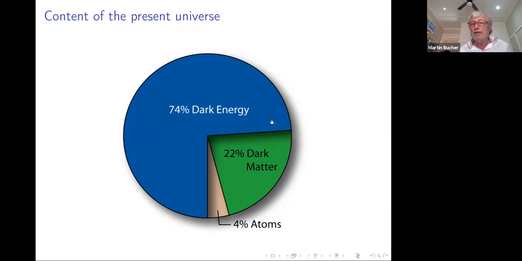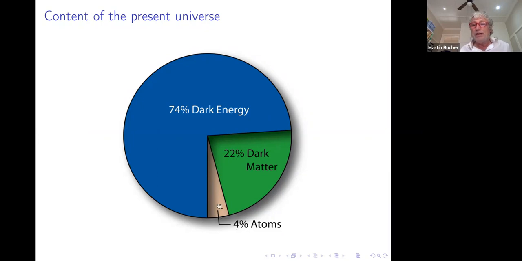So one can make alternative models that have different exotic components, but this is for the so-called concordance model, where you just include the components that you're forced to have.